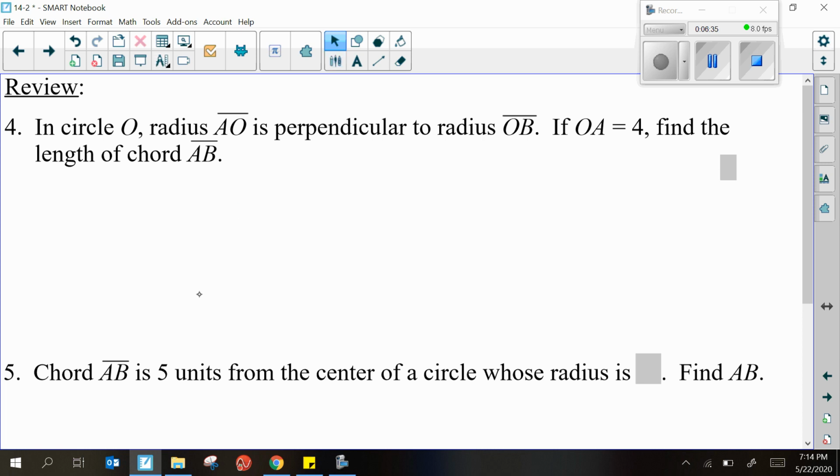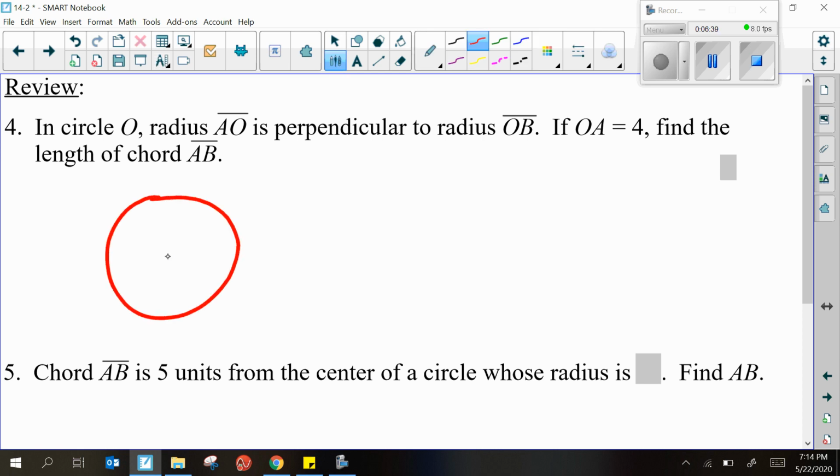So I have circle O, so that means the center is O. And radius AO is perpendicular to radius OB. So they're both radii. And OA is 4. They want me to find the length of chord AB.